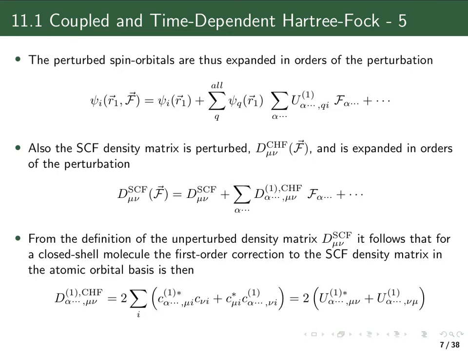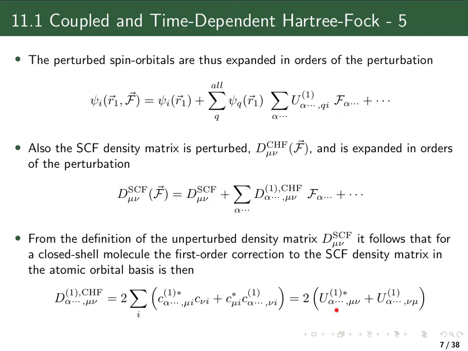We can also show that this is actually the same as just the sum of two elements of this unitary transformation matrix to first order, which means that the first order correction to the density matrix can be directly calculated as soon as one knows the first order correction to this U matrix and has transformed it to the atomic orbital basis.